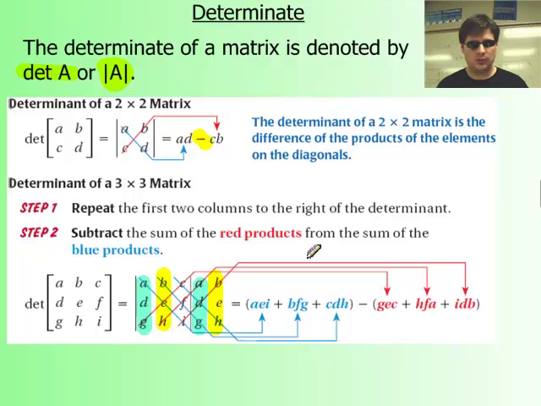In this case, we'll multiply A times E times I, and we put that first, and then we start with B, multiply on that diagonal, and then C, D, H. And then you add all three of these together.